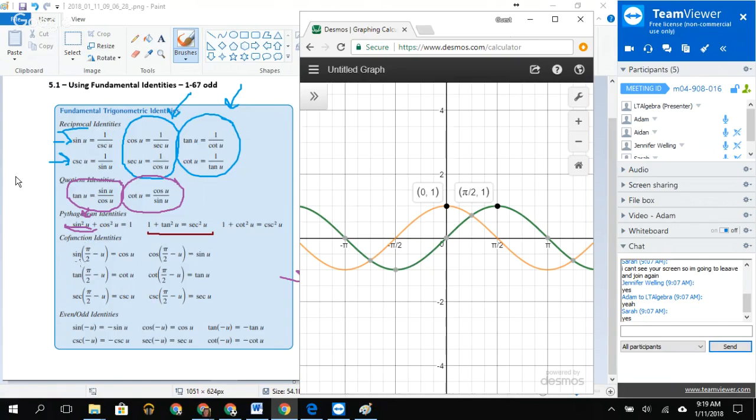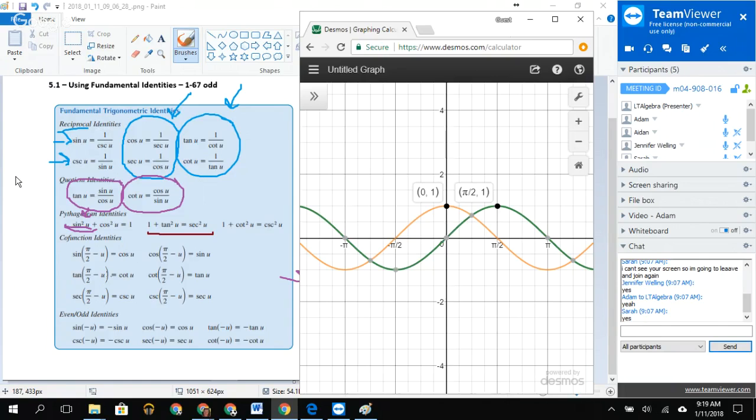So these cofunction identities basically just say that we could shift the sine curve graph to the left, and that will end up with our cosine function. No, to the right, we're subtracting, so we're going to the right. We could shift our sine function to the right and end up with our cosine function, or shift our cosine function and end up with our sine function.